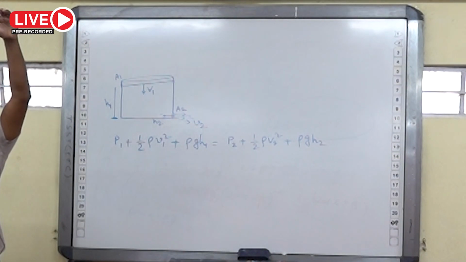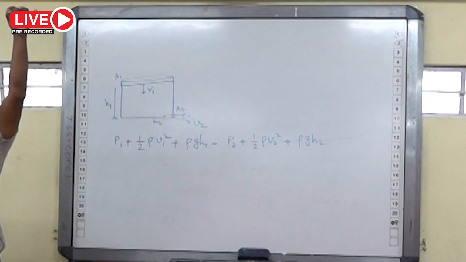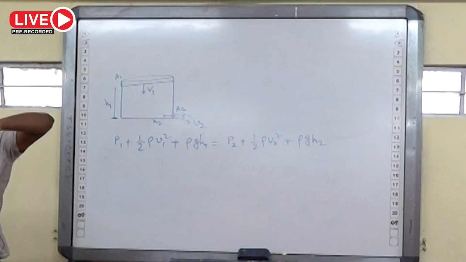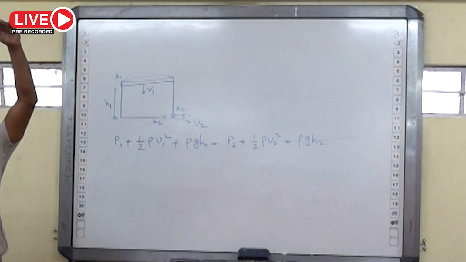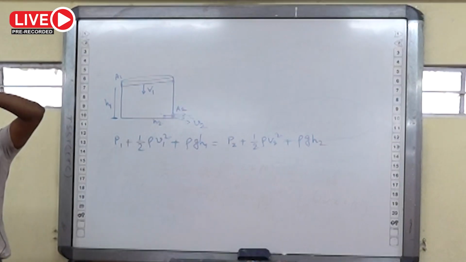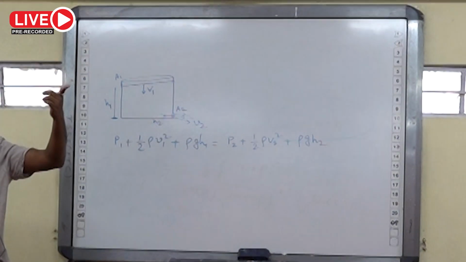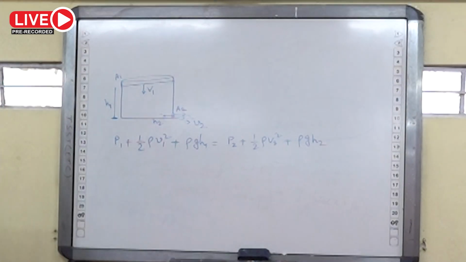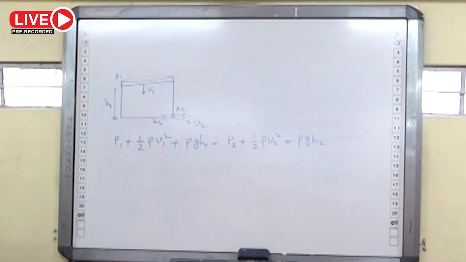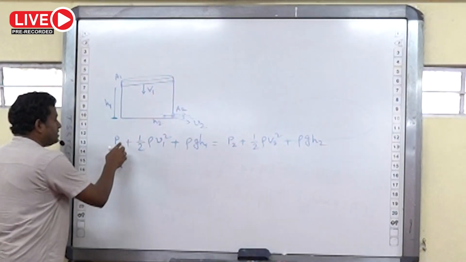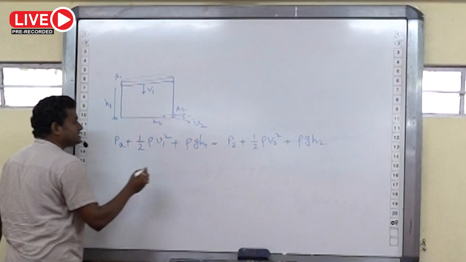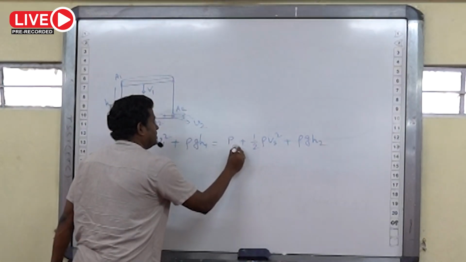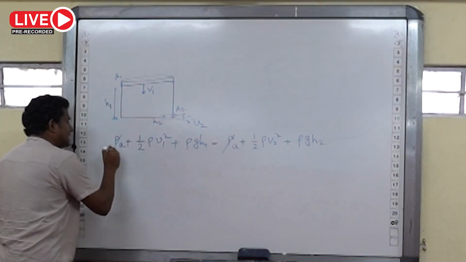Atmospheric pressure decreases with altitude, but for a water tank, how much can its altitude be? It is very small between top and bottom. So we can consider both to have almost atmospheric pressure, and as a result P1 and P2 can both be written as P atmosphere, and we can cancel this.